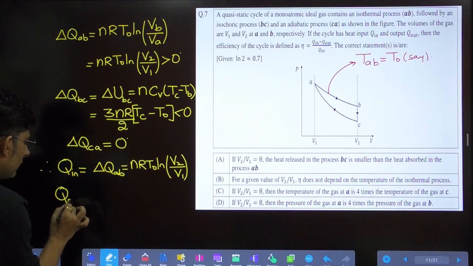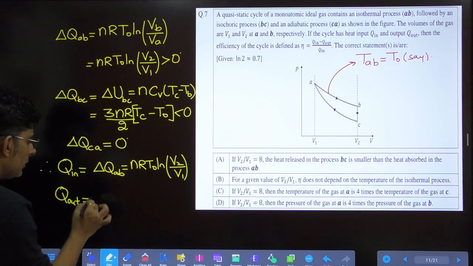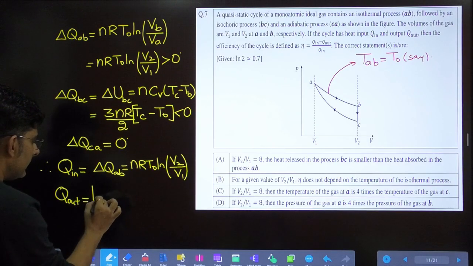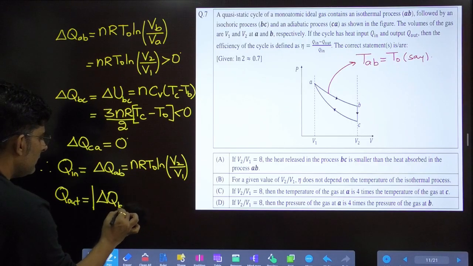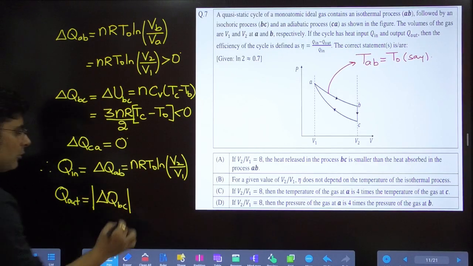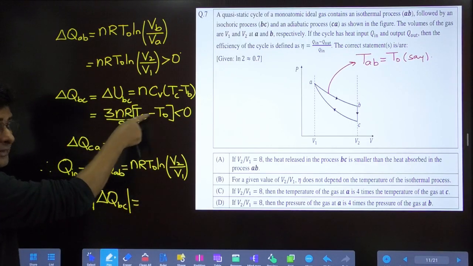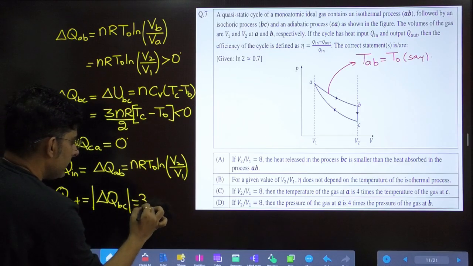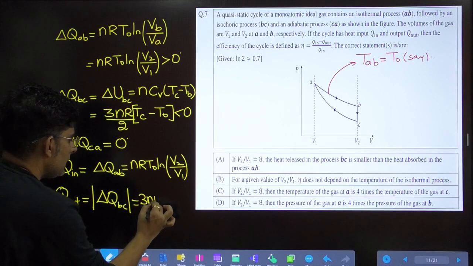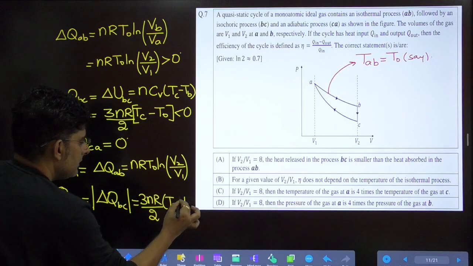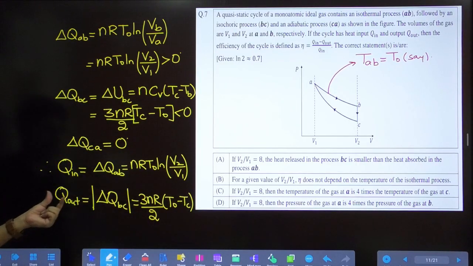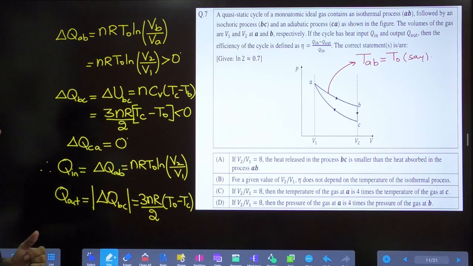And Q out is the magnitude of rejected heat. So rejected heat was in BC, so we have to take its magnitude. When you take the magnitude, obviously this is negative, so you have to write it in the positive way. So 3nR by 2 (T₀ − T_C).